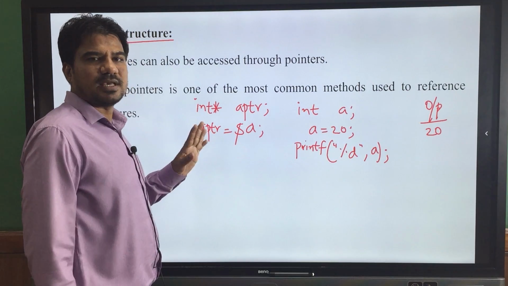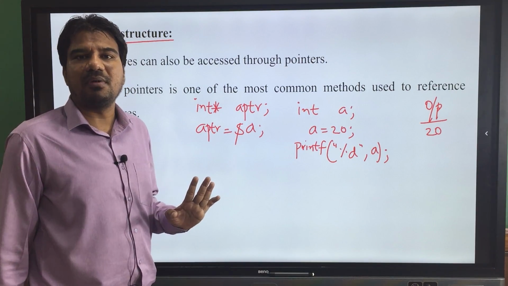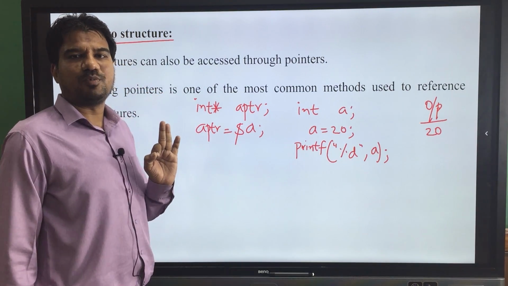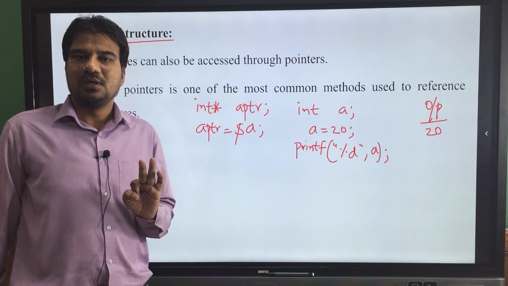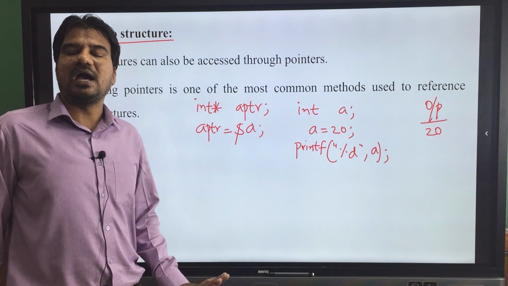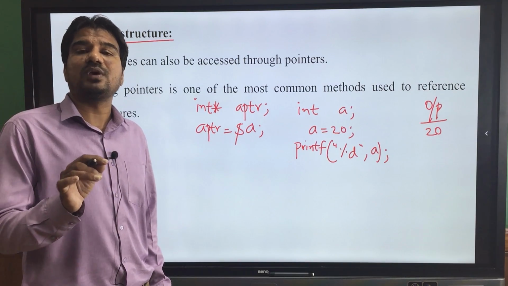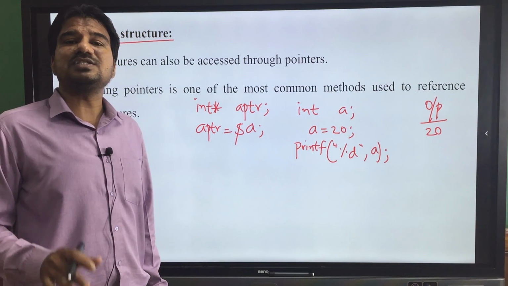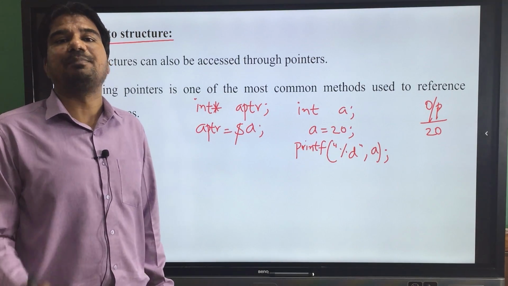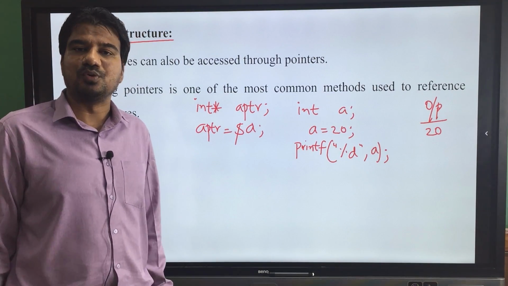Okay. Addresses of every memory location. Remember this one, it is a very, very important point. Whatever memory locations we have in our computer, all memory locations will have their unique address. So using the address, we can uniquely identify a particular memory location in the computer.